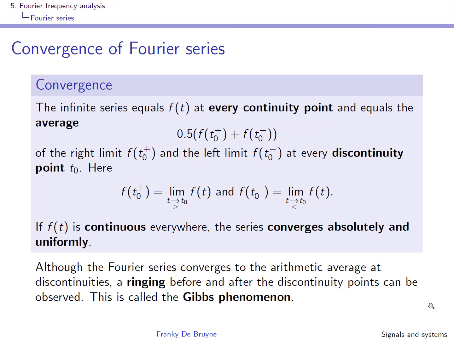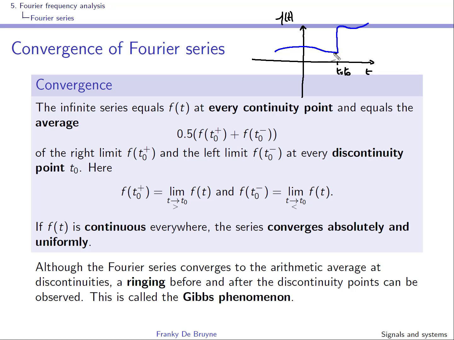So let us have a look at the convergence of the Fourier series representation at a point of discontinuity. Let us draw a function of time with a discontinuity at t equals t0. So the function might look like this, and then suddenly at t equals t0 there is a discontinuity.